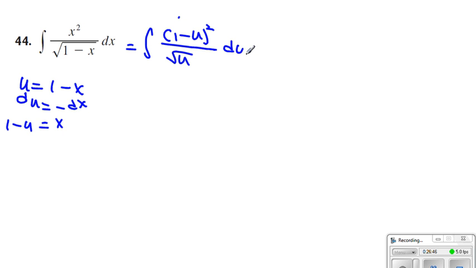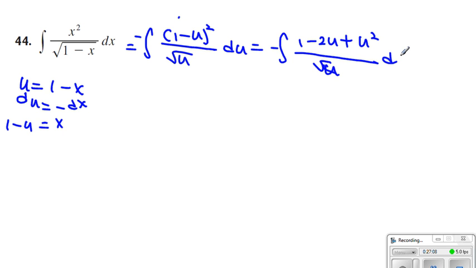So I'm going to put du, and then we're just going to put the negative sign in the front. And if you have to rewrite this one, what's good about this is that we have 1 minus 2u plus u squared, the entire thing divided by square root of u, du.